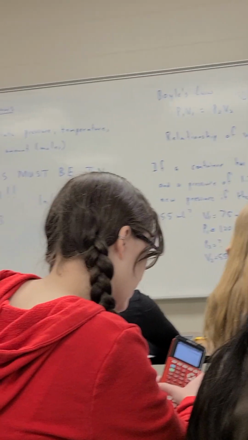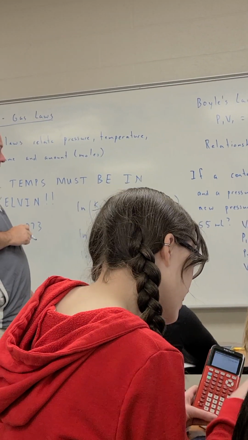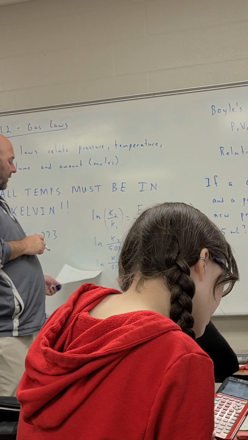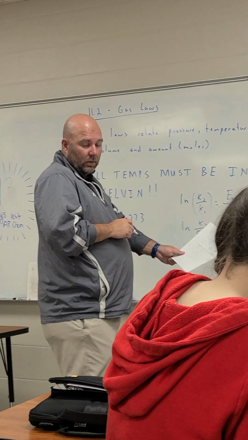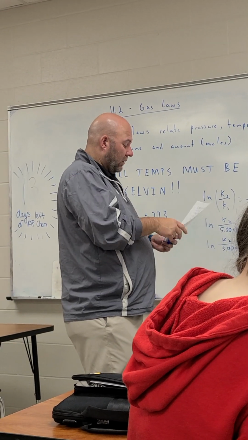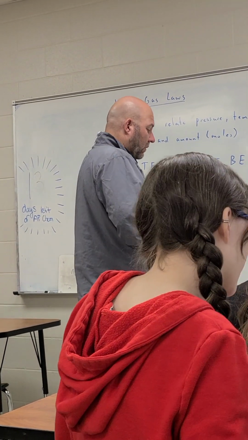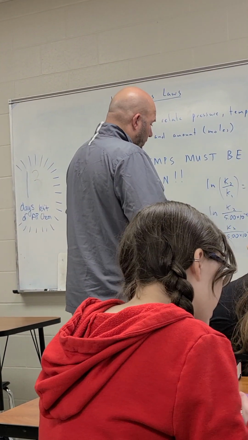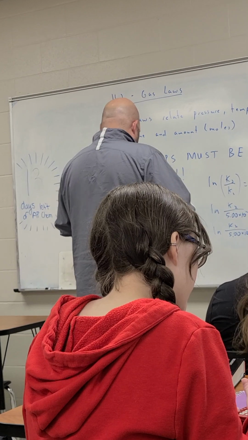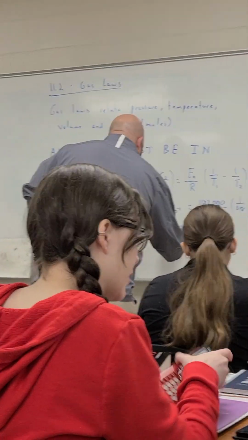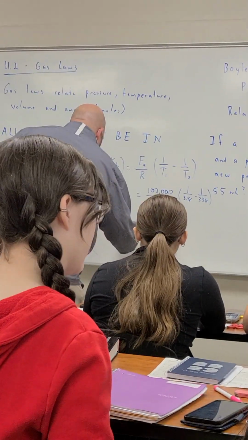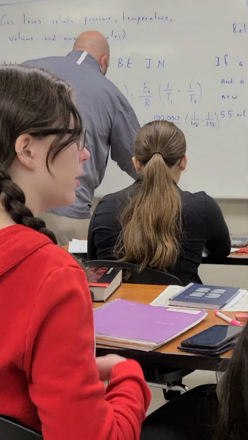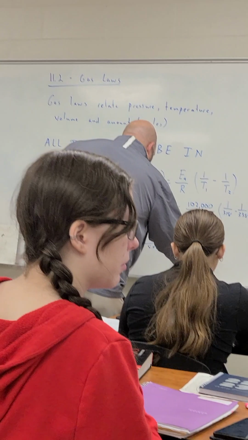From here, I have to get rid of this natural log, so I'm gonna take e to both sides. And then we got, oh, we already did number 4, so yours shouldn't be wrong. When I typed it in, my R squared was like 0.97. So it could have been just a little bit off, but it's all relative.